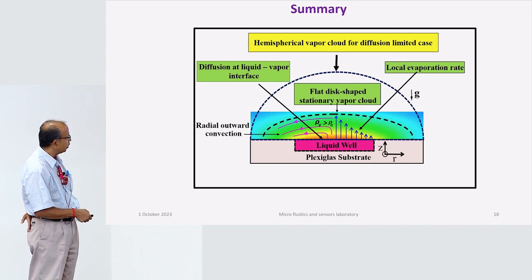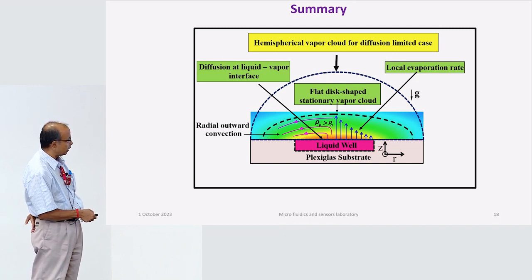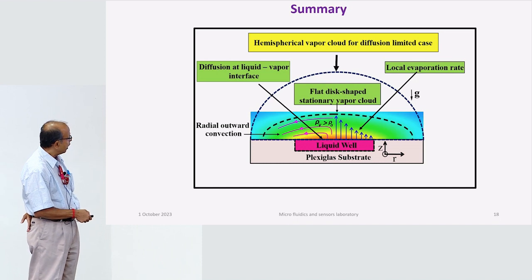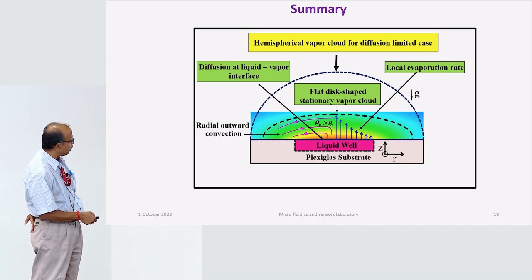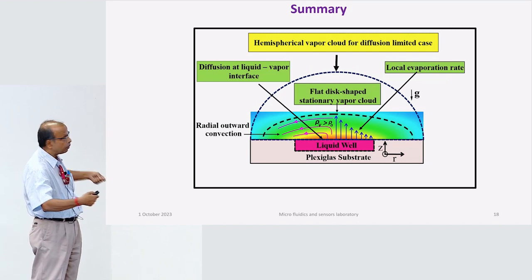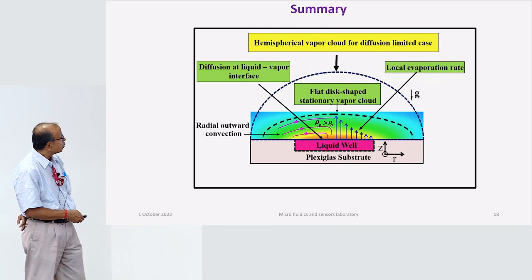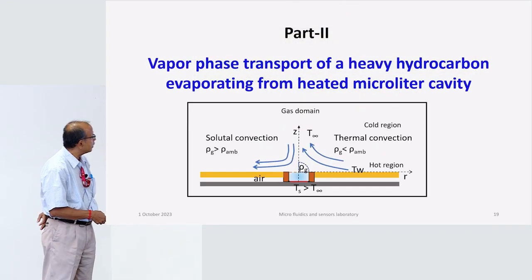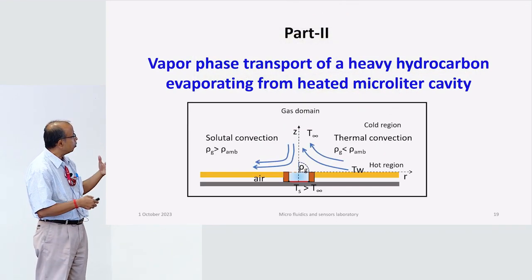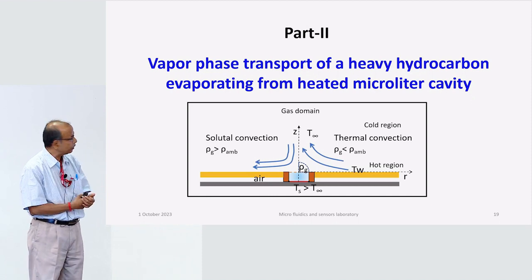Truly speaking, the vapor cloud will be flattened, because the vapor is heavier than the air. It will evaporate, come and go back down like this, and that is why you have a flattened vapor cloud on top.